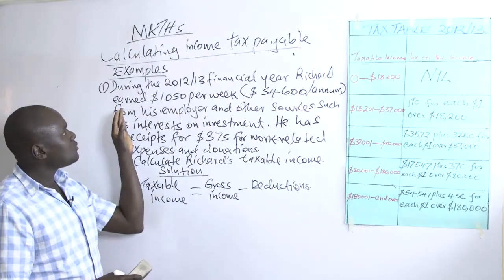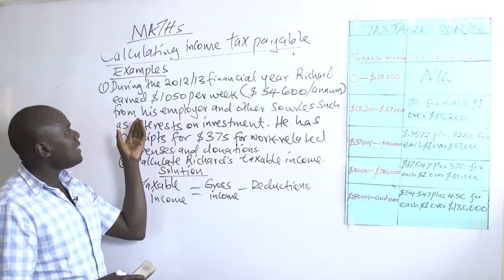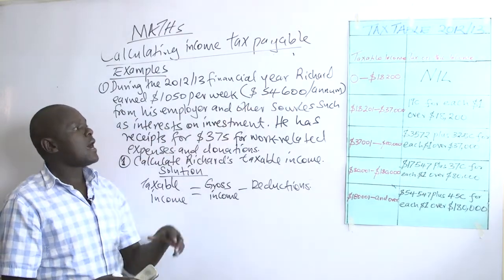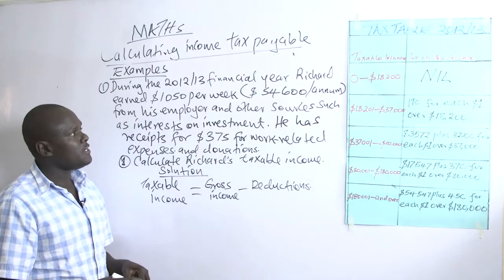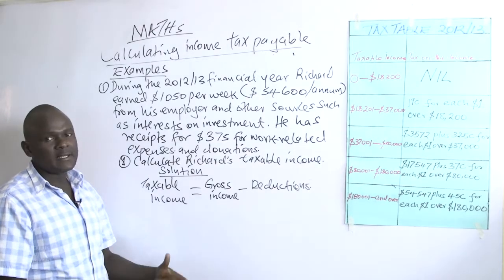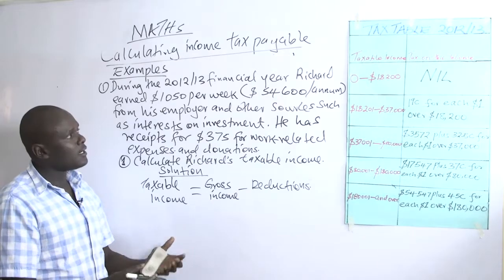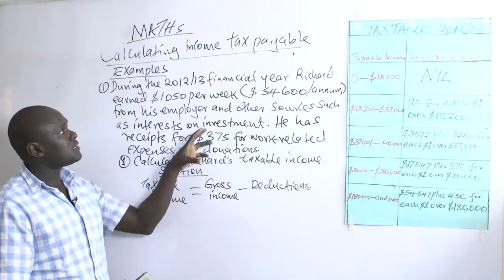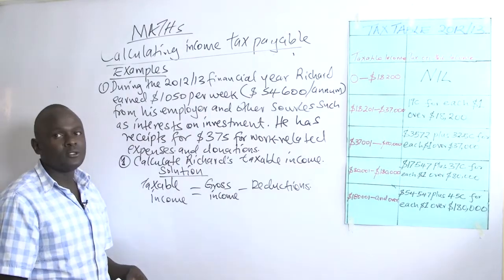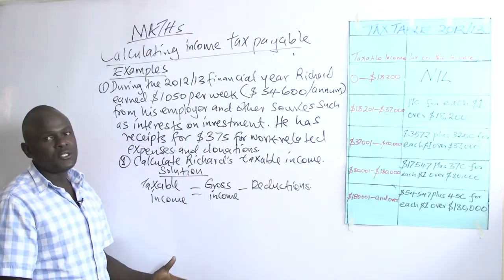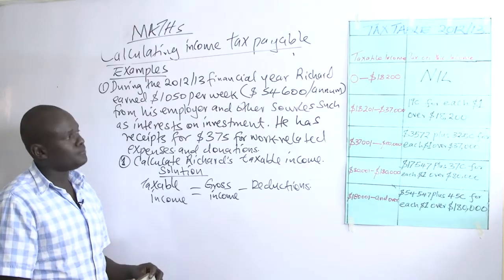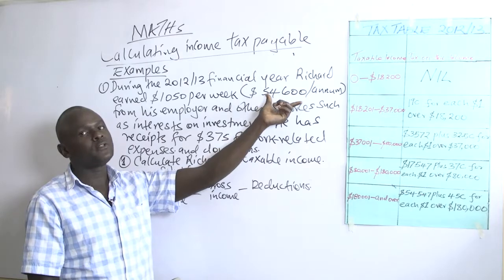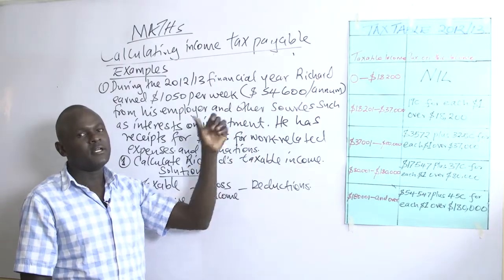From this question, Richard earns $54,600 in a financial year. When we are calculating taxable income and matters pertaining to tax payable, we talk about a financial year. So his gross income amounts to $54,600.